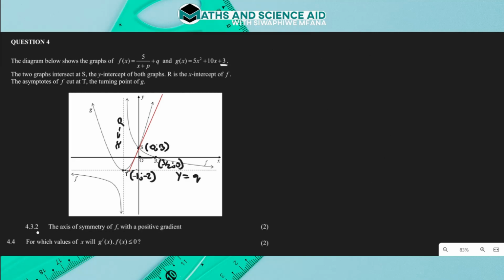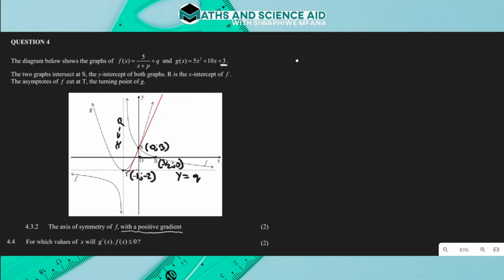And so the last question from 4.3 is asking us to determine the axis of symmetry of f with a positive gradient, right? So specifically, an axis of symmetry with a positive gradient.